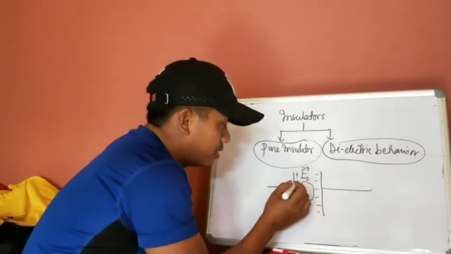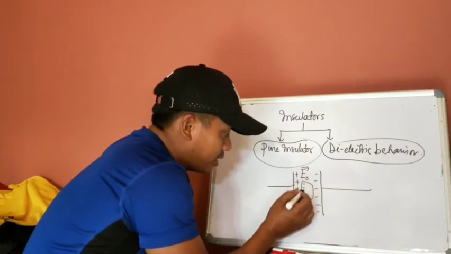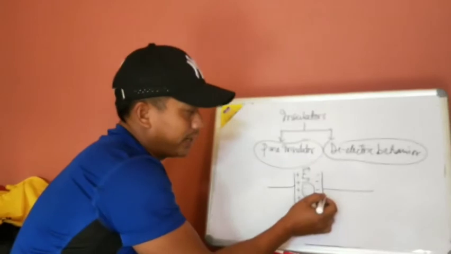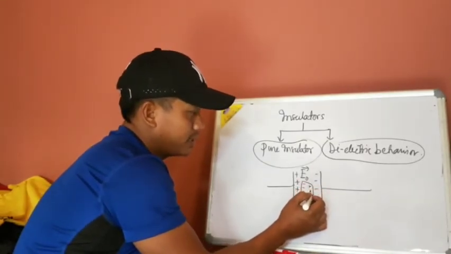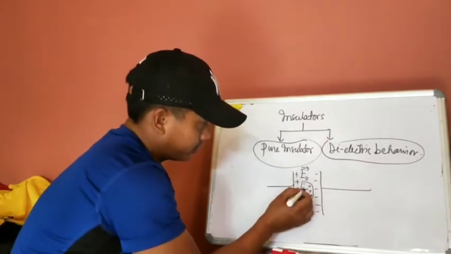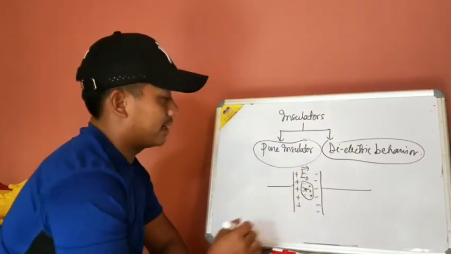These positive charges will induce negative charges near its end like this, and this negative plate will induce opposite charge on the other surface inside. So there arises a small electric field in the opposite direction to that of the applied electric field.